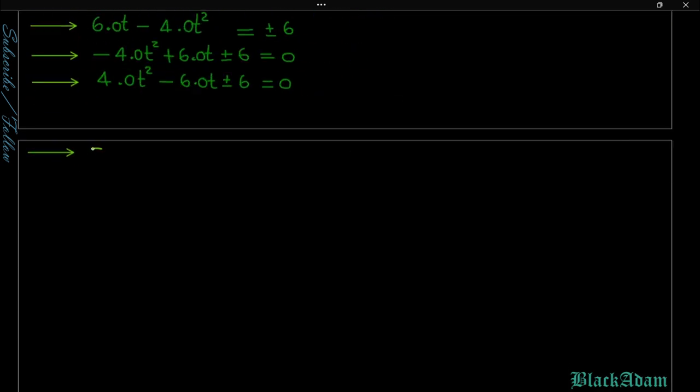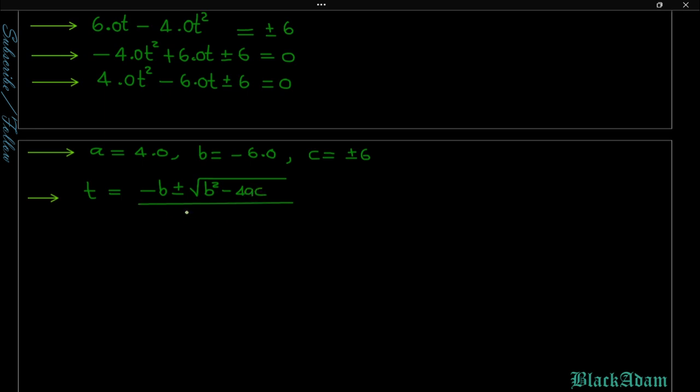From there we use the quadratic formula. Our a is 4.0, our b is negative 6.0, and our c is plus or minus 6. Solving for t, we have t equals negative b plus or minus the square root of b squared minus 4ac, all over 2a.